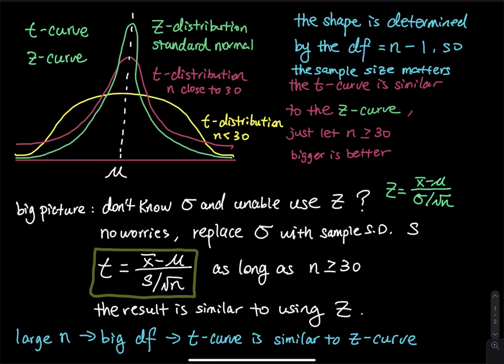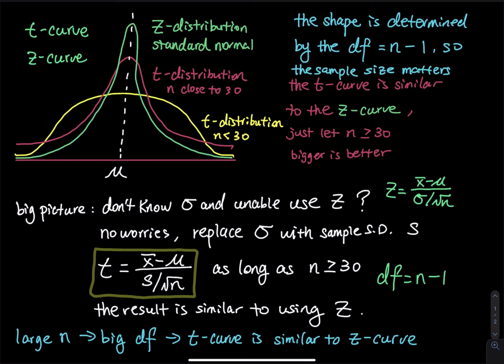As long as n is greater than or equal to 30, the result is similar to the z curve. When the sample size is large, you have a big degree of freedom. The degree of freedom equals n-1. So a large n gives you a large degree of freedom, then the result of using the t-distribution is very similar to the result of using a normal distribution.